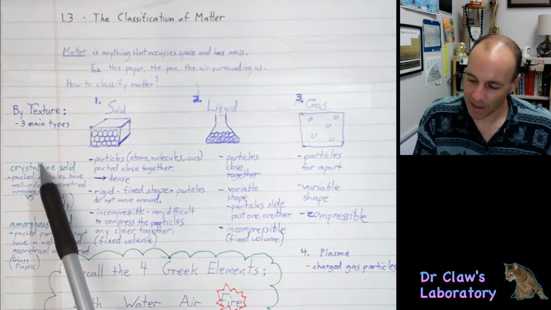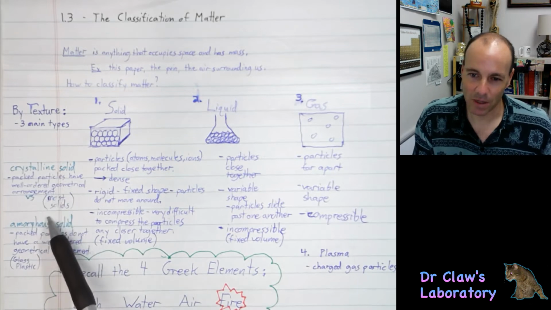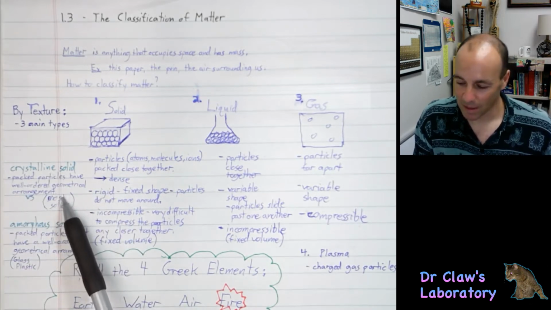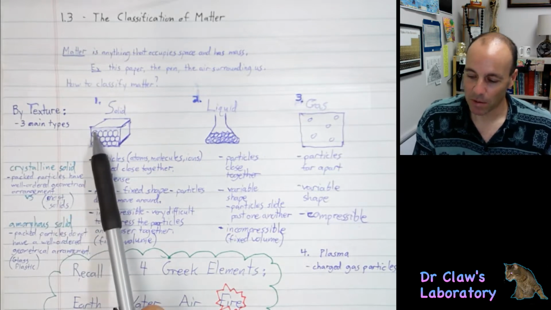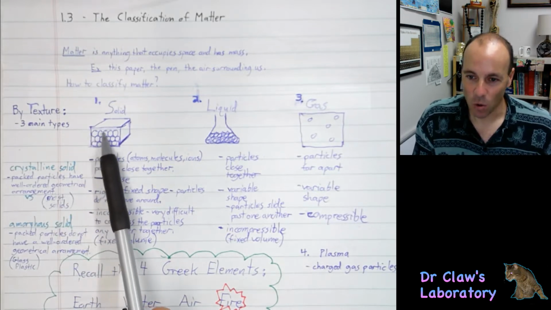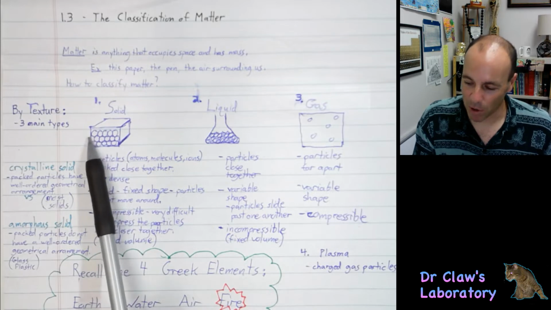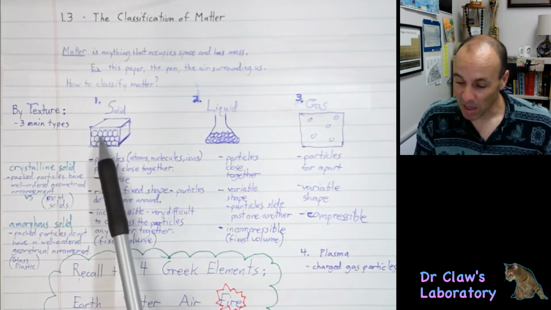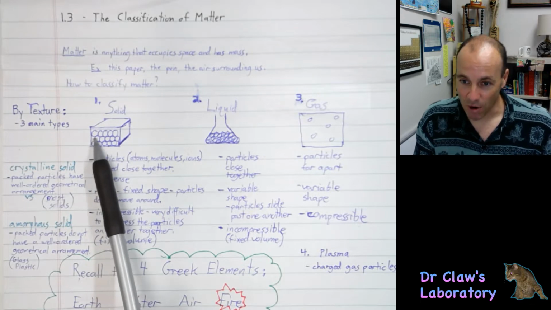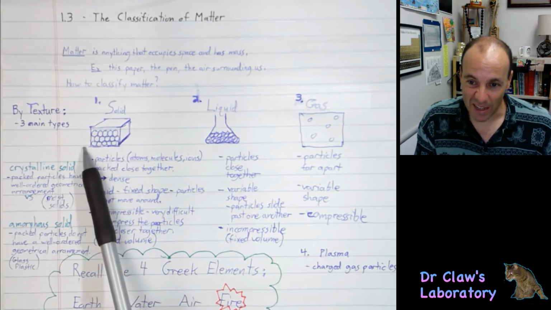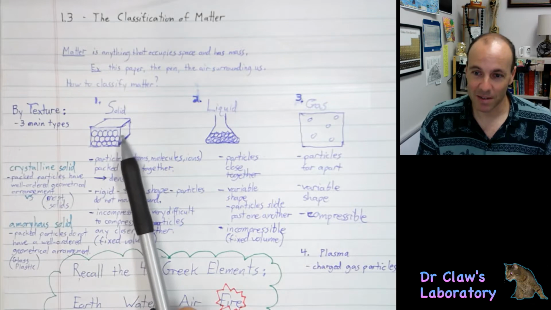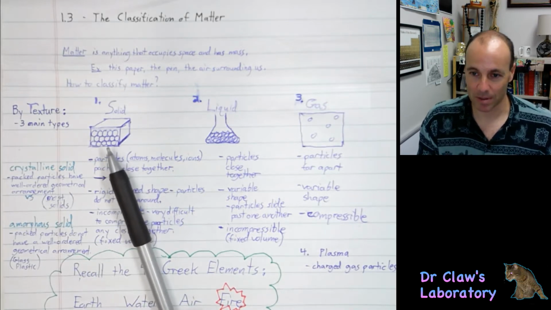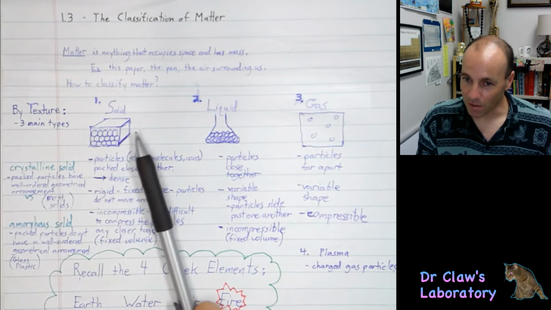Now, solids can be divided into a couple of categories. Most solids are crystalline, meaning the particles have a nicely ordered structure. You have the particles along straight lines, if you could see them, and then a next row of particles all in a line, and the next row all in a line. So a nice ordered arrangement, and a long range order.